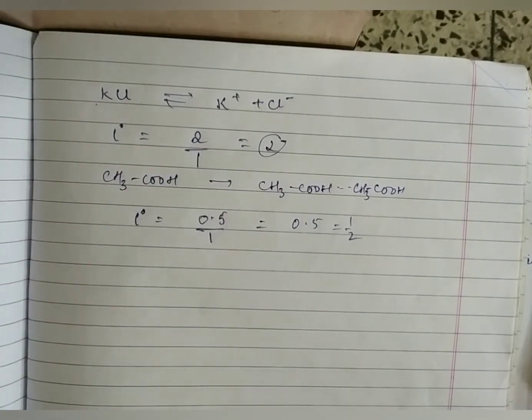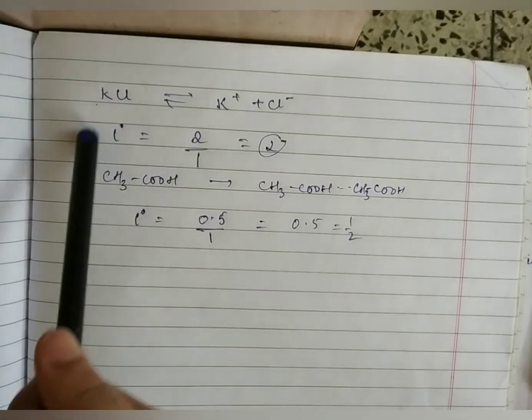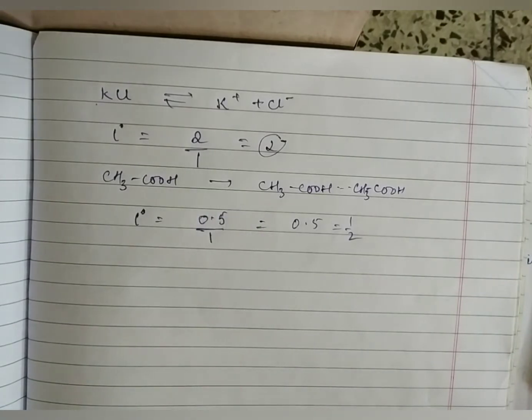If you are adding 1 mole of KCl, all the 1 mole of KCl will undergo dissociation. So in cases of solutes which undergo 100% dissociation, we can directly use the formula i is equal to the total number of particles after dissociation by total number of particles before dissociation, like we did here.